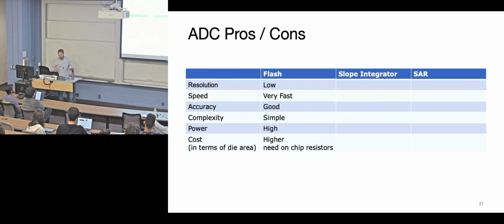Why don't you take 30 seconds, talk to your neighbor about slope integrators and how they compare to flash. I'd say the speed is definitely worse.